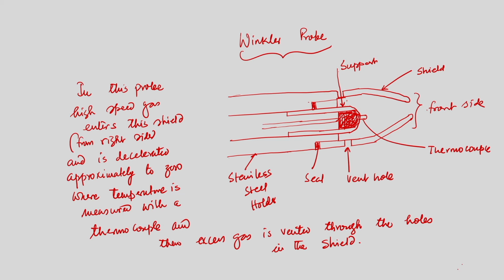Placing the probe in the flow field will allow the fluid to be suddenly decelerated, and as a result there will be a conversion of kinetic energy into heat, and the rise in temperature will create a problem in measuring the temperature using this probe in high speed flows, and that is the very difficult task in measuring temperature for high speed flows.